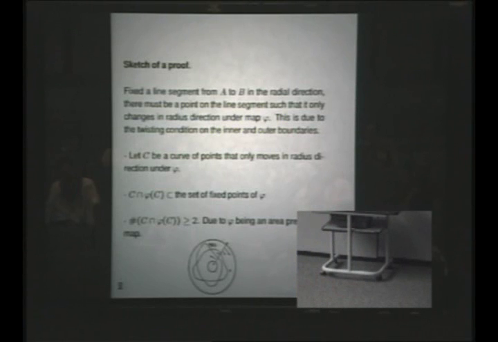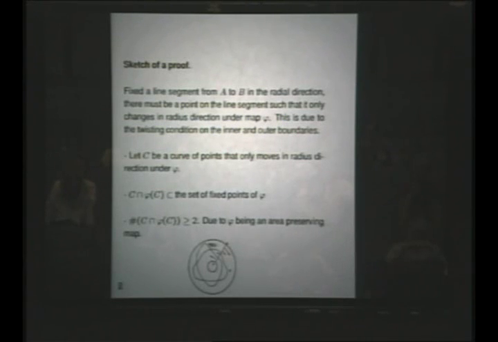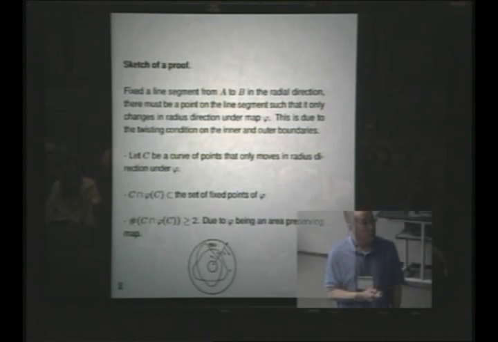Now you can take this line segment around the annulus, and so in every direction you're going to find at least one such point. Let's take C to be a curve of points that only move in the radius direction under this phi. C is a curve containing points that only move in the radius direction under this map.